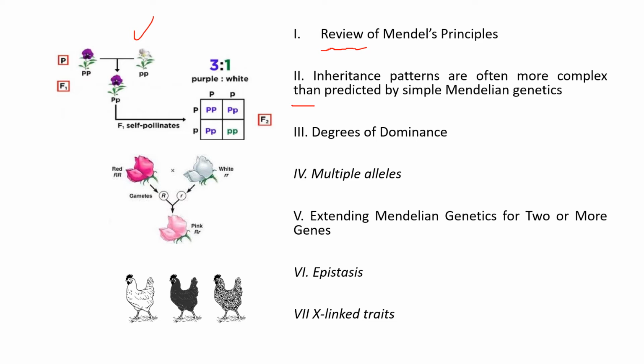Then we are going to talk about degrees of dominance, some of them that we saw in the video lecture. Later we will move to multiple alleles, all the different blood types. And then we will move to examples of pleiotropy, epistasis, and finally we will finish with X-linked traits. So let's start working on that.